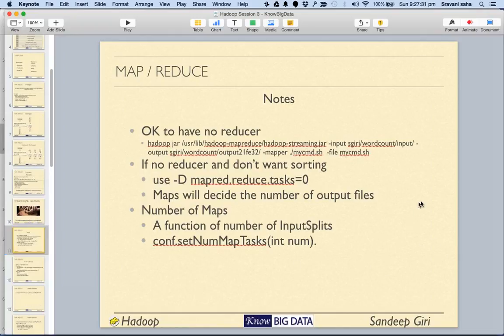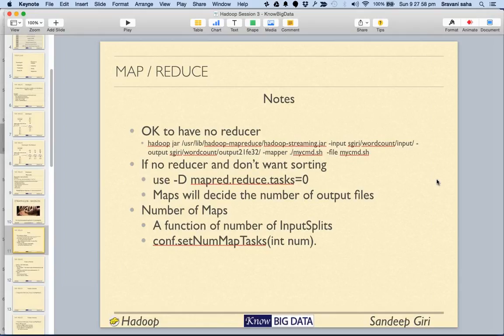Again, the way we define streaming, let's think about streaming as something else. What does Hadoop streaming mean? Hadoop streaming means using your existing binaries for MapReduce.